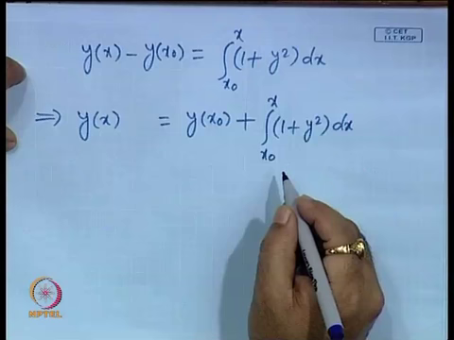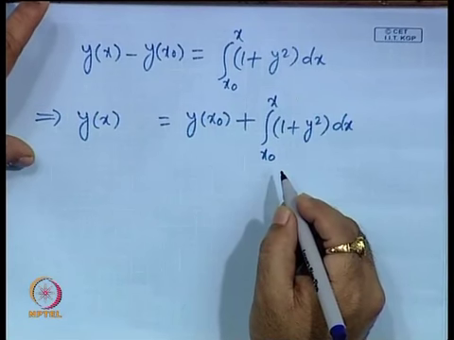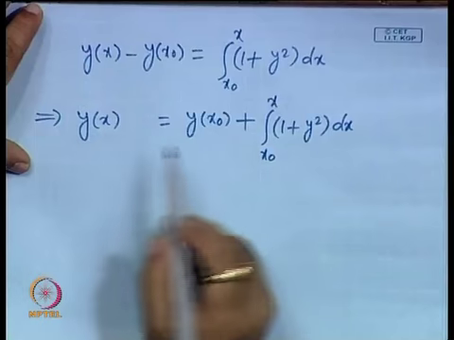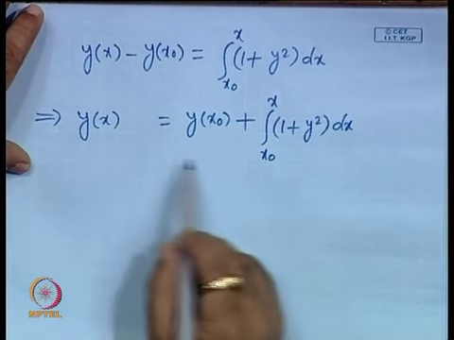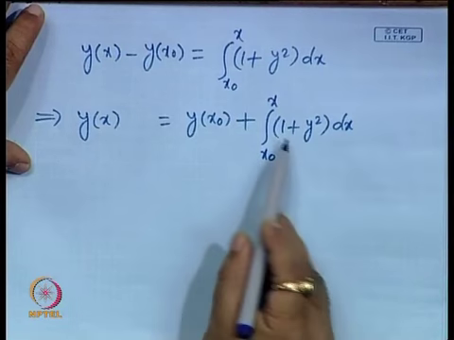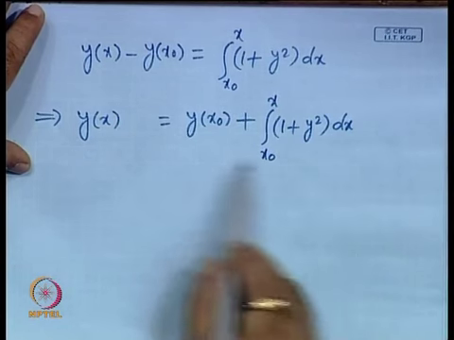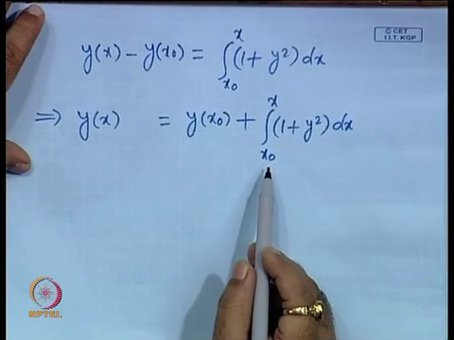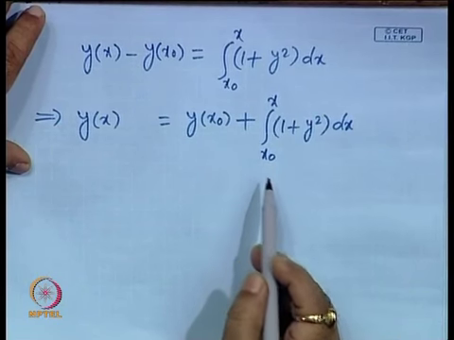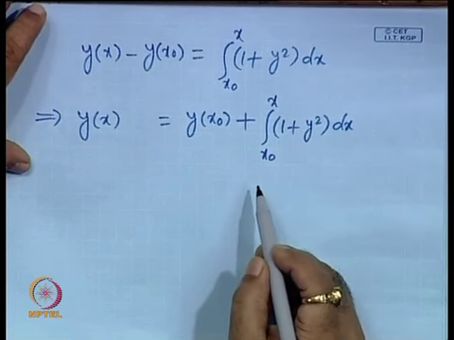Now at this stage, if you look at it, the corresponding differential equation has been reduced to an equation which involves an integral. Hence, you may call this an integral equation. Now the next question is how do we solve it?